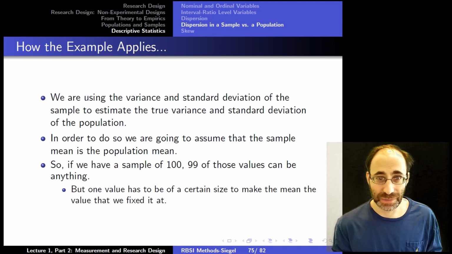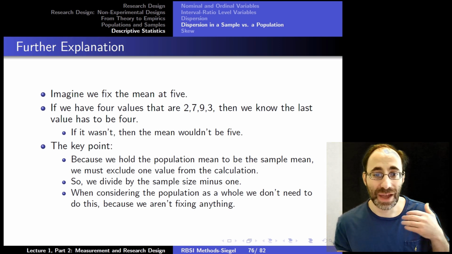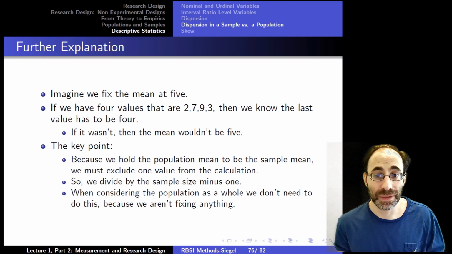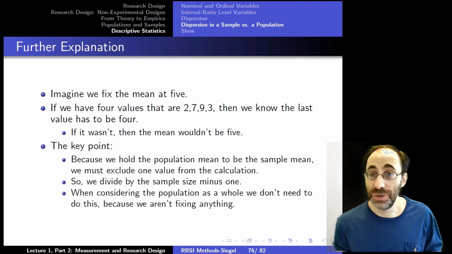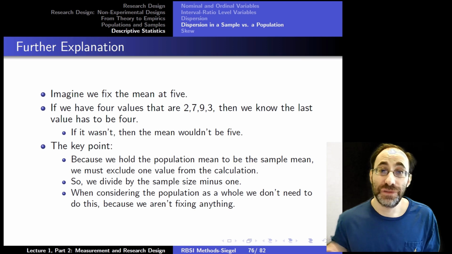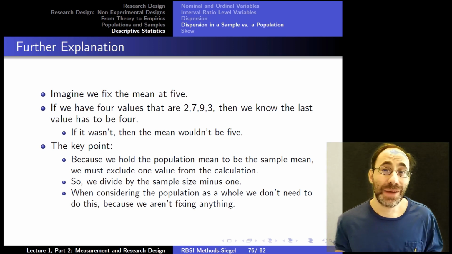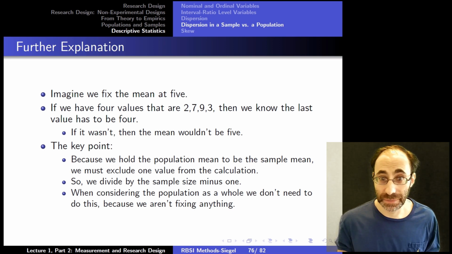So let me back up. Let me show you again what that means with a calculation. Let's say we fix the mean at 5 when we have 5 different values of something. If 4 values are 2, 7, 9, and 3, then it must be the case that the last value is 4. Because if the last value weren't 4, then we couldn't possibly have a mean of 5, right?